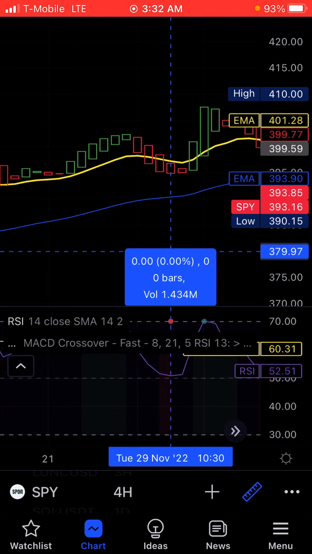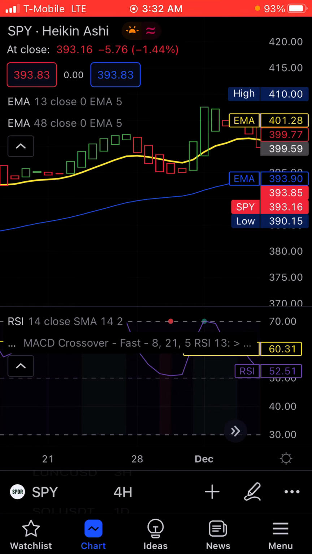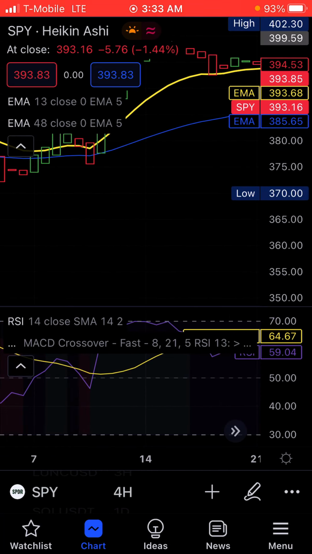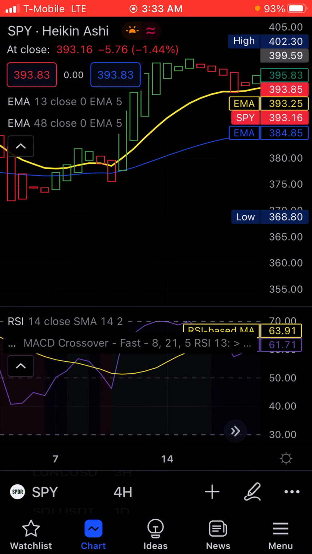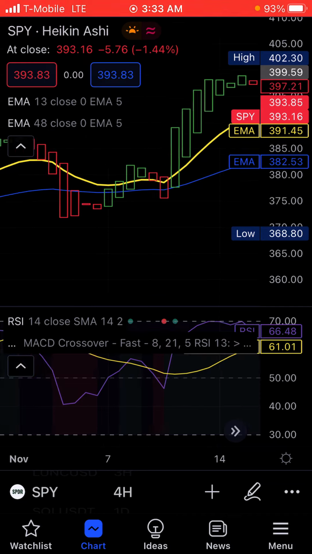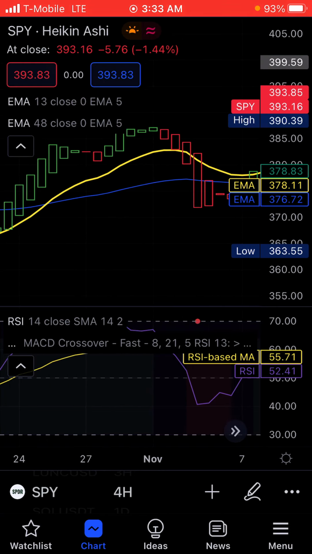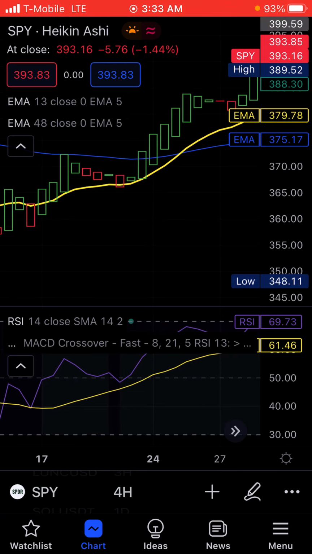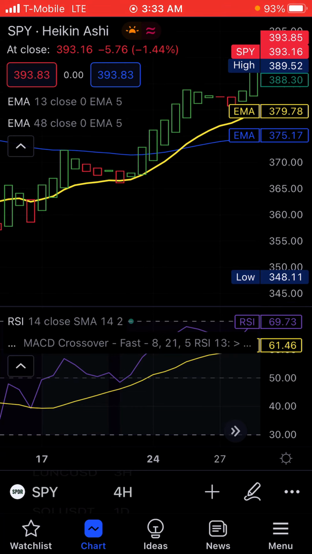From my looking at it, you only need to focus when it looks like it's about to cross. My opinion is do not try to do it when it's not crossing, because you could end up getting wrecked that way. You have to look for the moments where it looks like it's about to cross. Like right here, here's a good example.